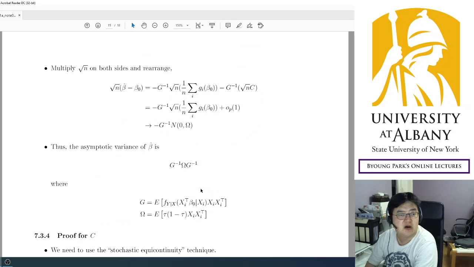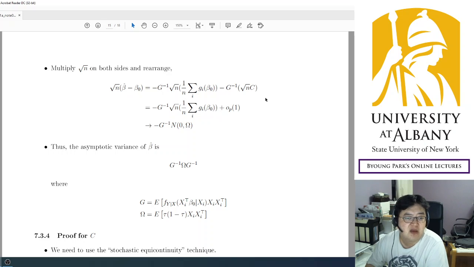So you may rearrange the terms to have √n times (beta hat minus beta 0) equal to something inverse times something, minus and so on. We know this term converges to a normal distribution.